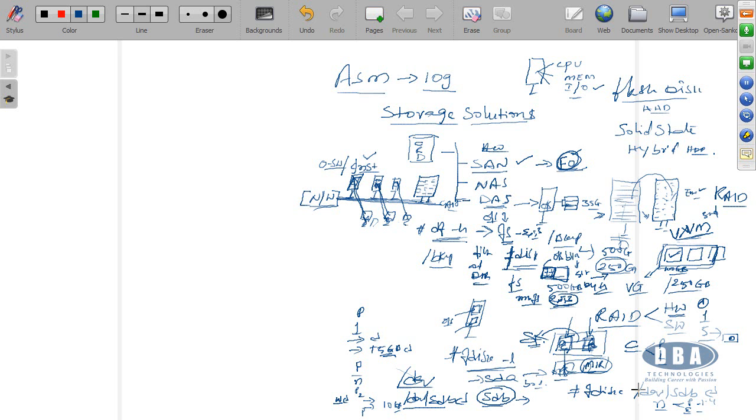So this is a general understanding about RAID and all that. Now we talk about the storage solutions itself. We talked about it at hardware level. Now in order to keep the files of the database, what all can I use? I can use file system files.